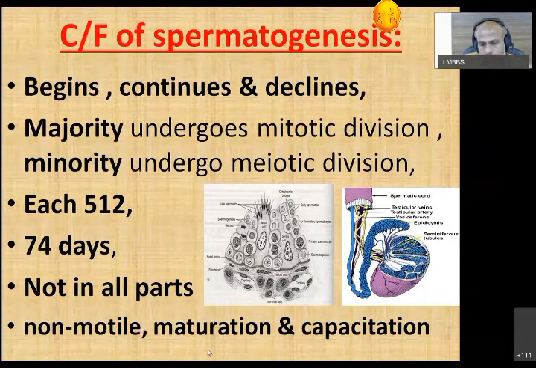They mature in the epididymis, where they are stored for about 1 month. They acquire motility in the epididymis. They get matured here, acquire motility here, and get the capacity to penetrate the layers of the egg and to fertilize the egg only in the female genital tract, not in the epididymis or just after ejaculation. They get the capacity to penetrate the ovum only in the female genital tract.